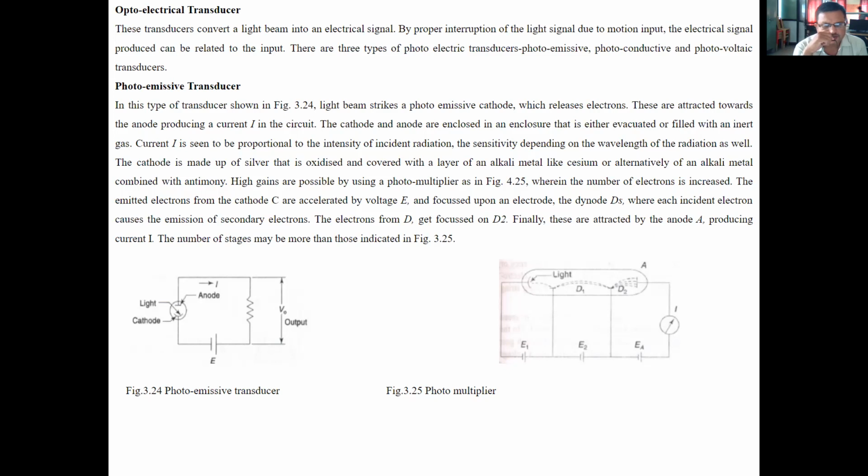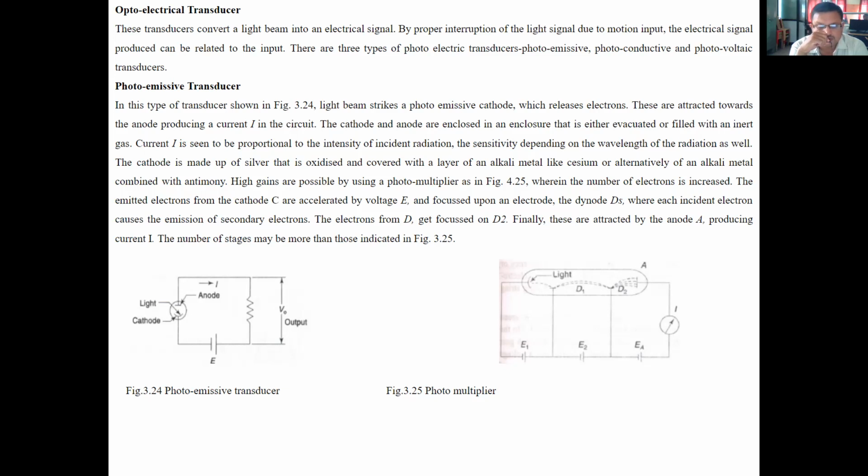High gains are possible by using a photomultiplier as shown in figure 3.25, wherein the number of electrons is increased. The emitted electrons from cathode C are accelerated by voltage E and focused upon an electrode, the dynode D1 or D2, where each incident electron causes the emission of secondary electrons.